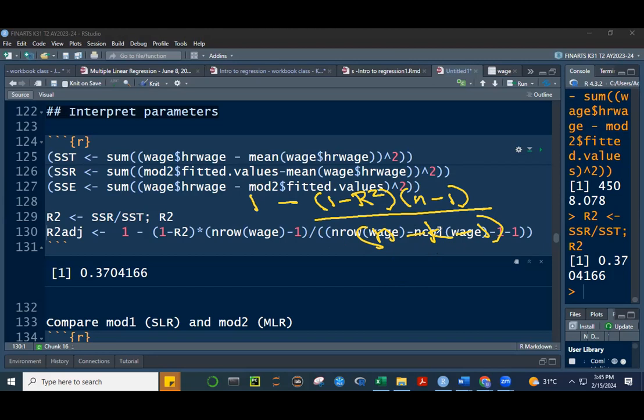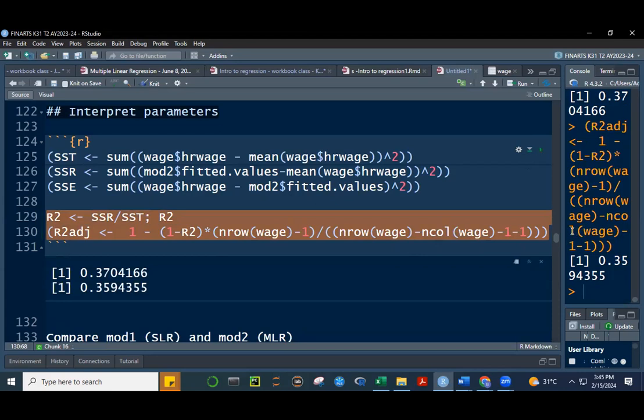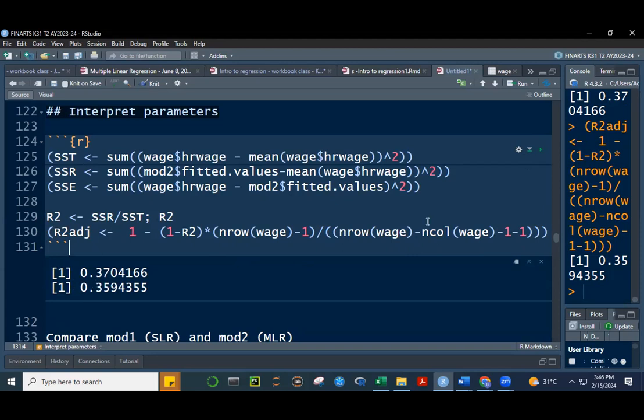Okay, and you can use this function which I shared with you. Anyway, I will not anymore unless you have questions about this. Okay, so that's the formula for your adjusted R squared. If I print this, you notice here that our adjusted R squared is 35.94.